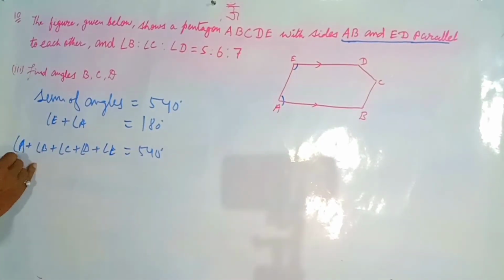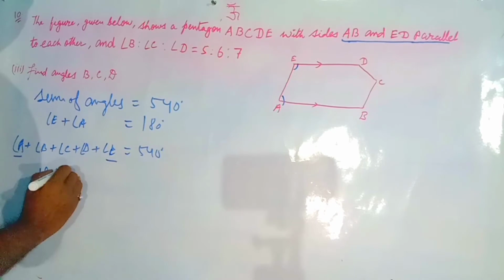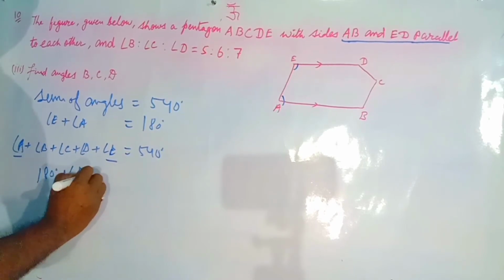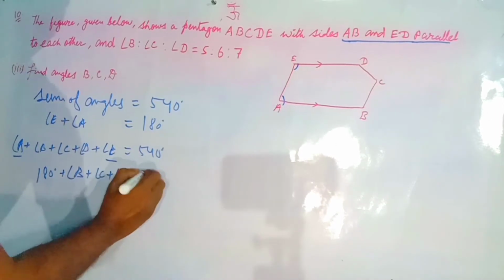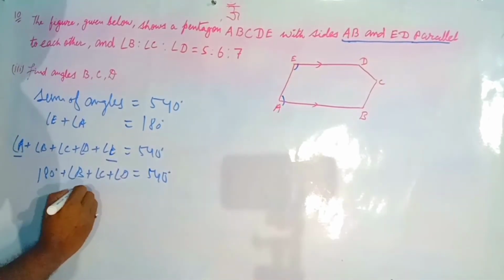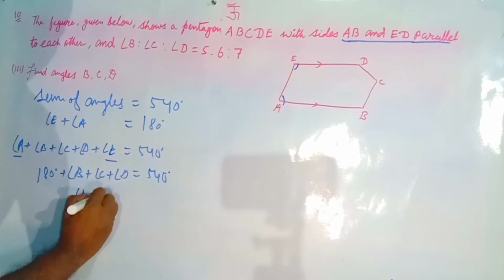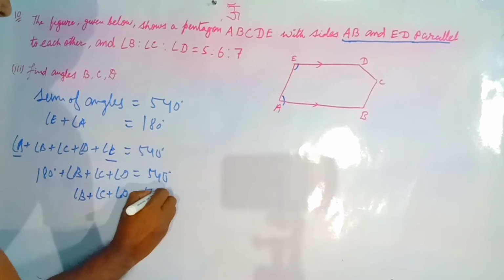Now in the place of angle A and E we can write 180 degrees. Then angle B plus angle C plus angle D equals 540 degrees.